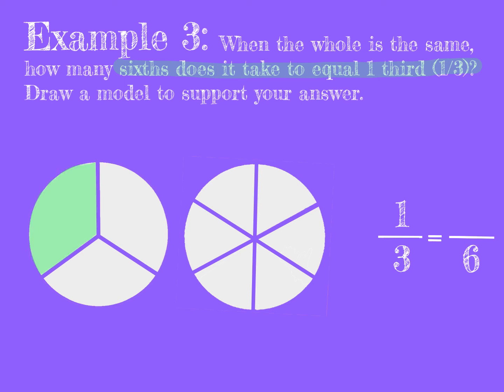Now, we're going to look at our next whole and shade in the same amount as the first whole. So we're going to shade in 2 equal parts out of 6. Therefore, 1/3 is equal to 2/6.